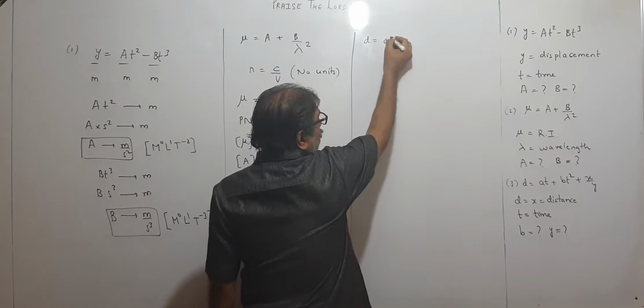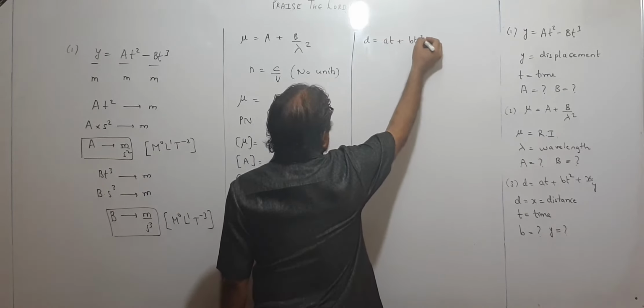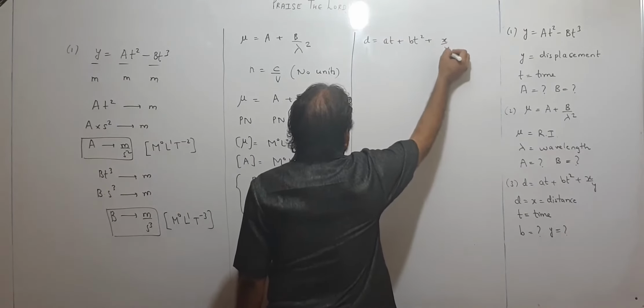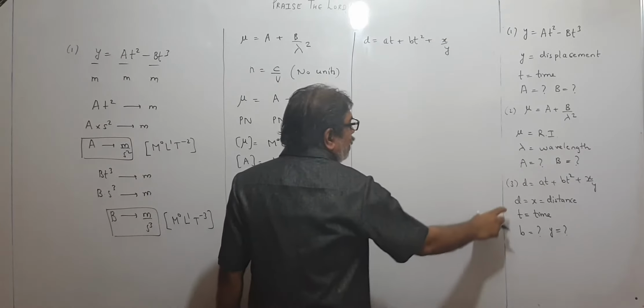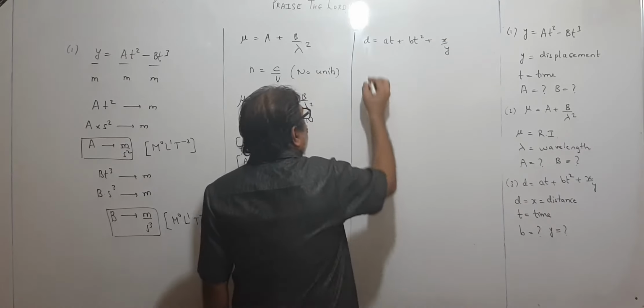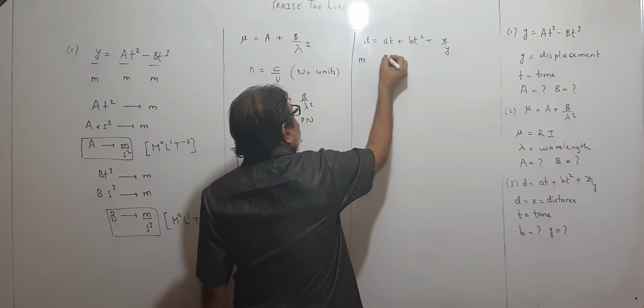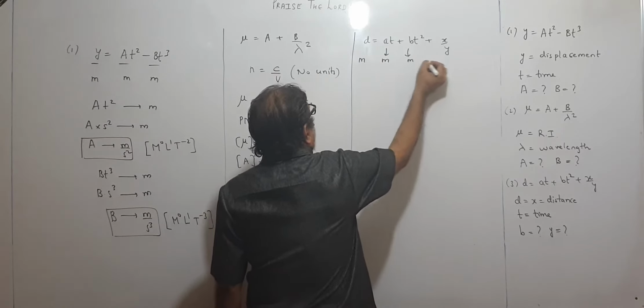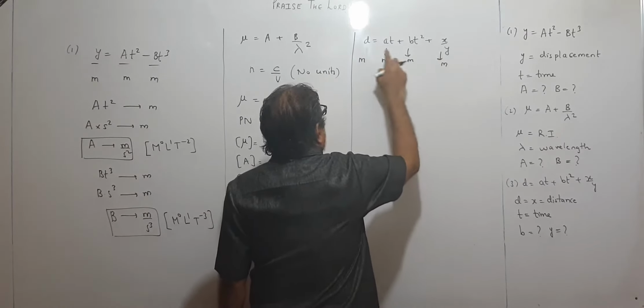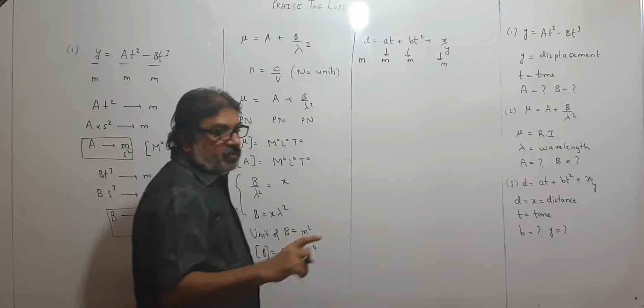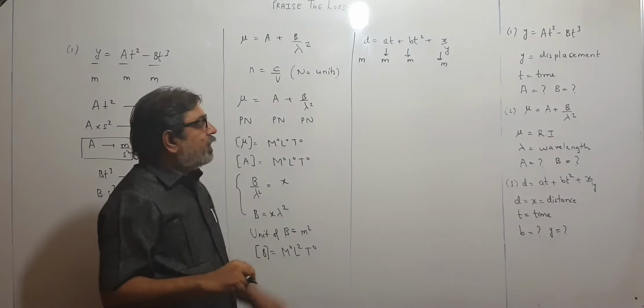D is equal to AT plus BT square plus X upon Y. D and X are distances. So this is meter, this is meter, this is also meter, and this is also meter. All the quantities are having unit meter by principle of homogeneity.